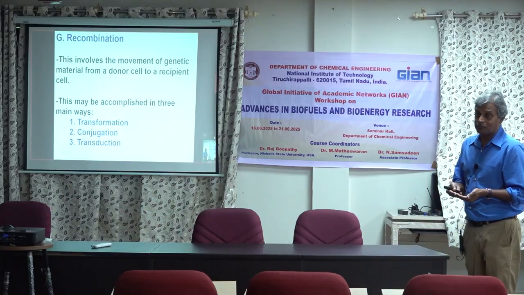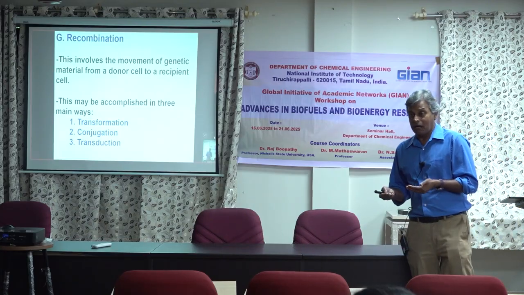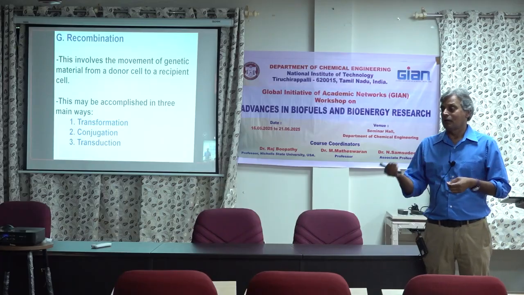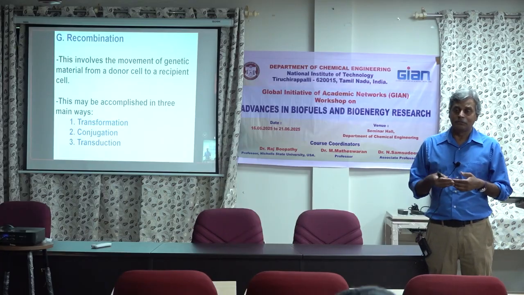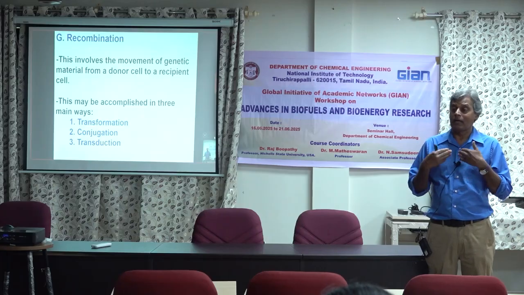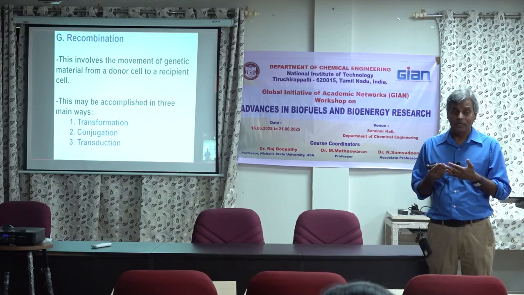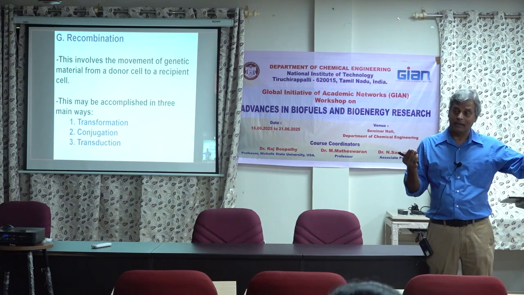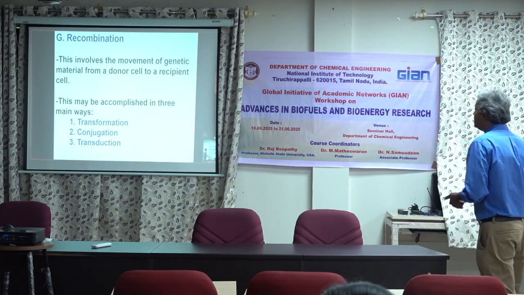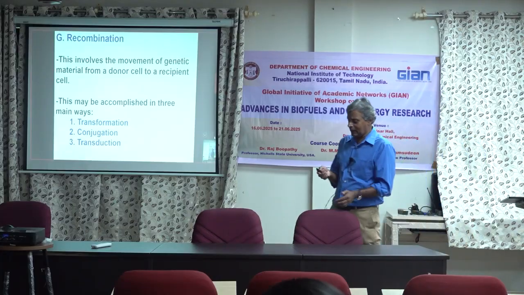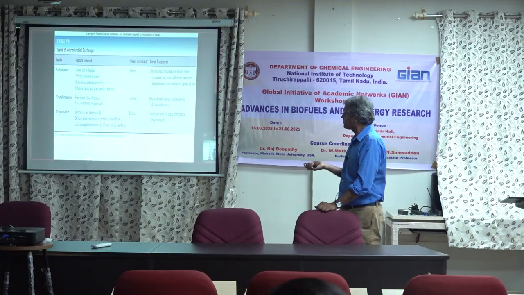Gene therapy is putting a correct gene in your body. They take a gene from a normal person and put it in you. If you have a genetic disease, they can correct it. That is a recombinant gene, because now you have a gene that is not only yours; you got a gene from someone else that has a correct gene. So that is called recombination. The gene is a recombinant gene, and the cells are recombinant cells.